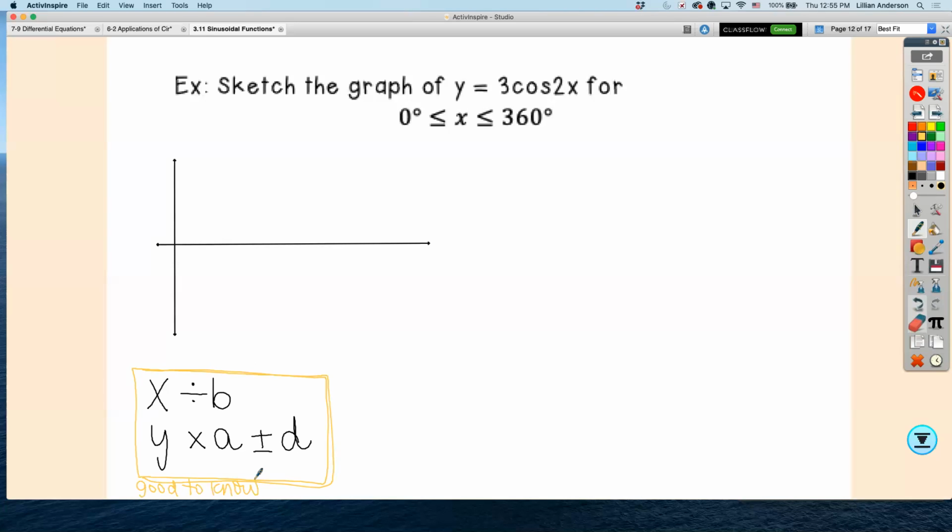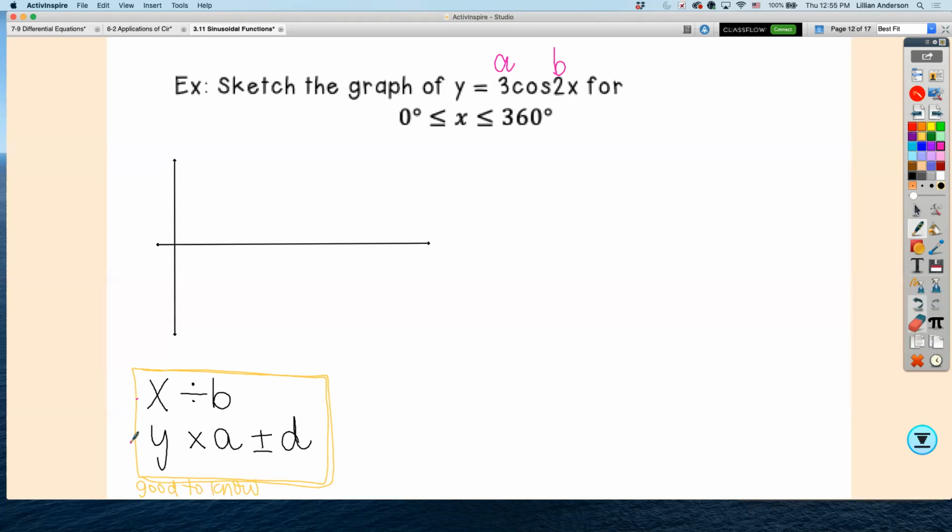So we're going to sketch the graph. I got two transformations in this one. 3 is A, B, or D? It's A. And 2 is B. So I'm going to have an effect on my X coordinates as well as my Y coordinates.